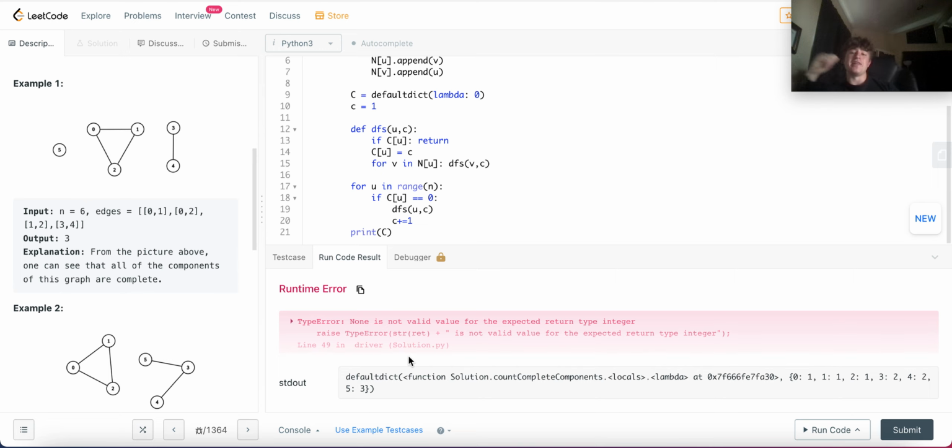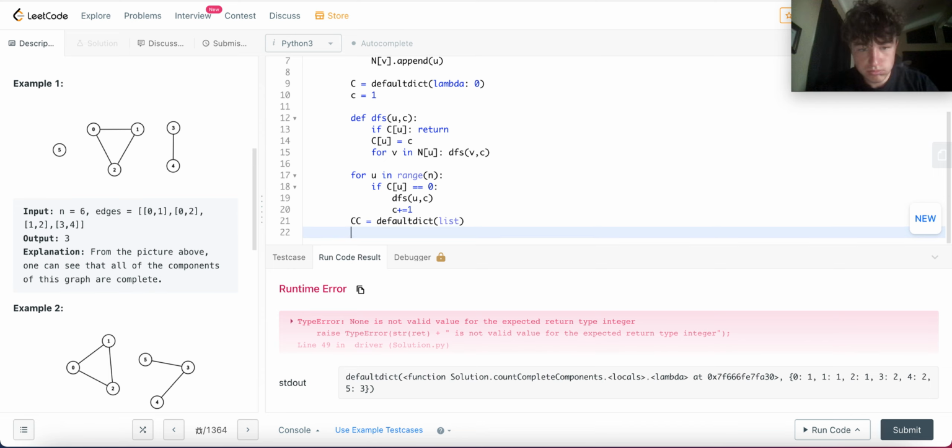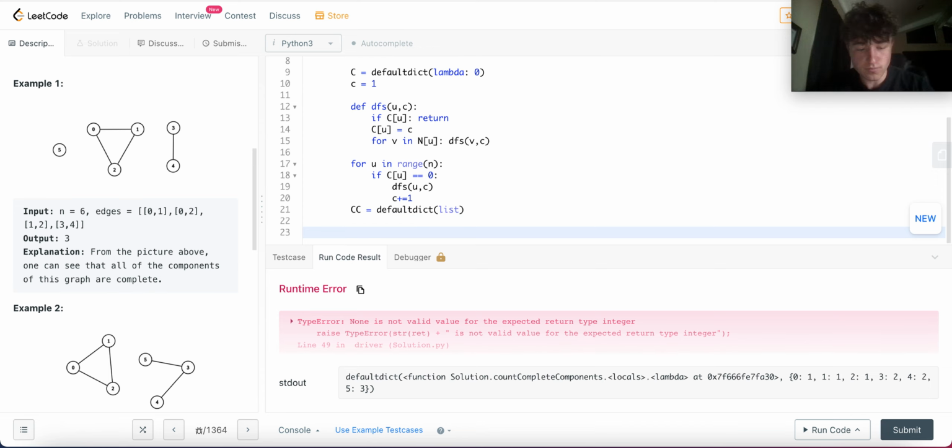So how would we then group these connected components together? Well, what we could do is we could just say, we'll put all the elements with the same color in the same group, right? So we'll have connected components equals default dict list. And then we'll look at each element in range n, and we'll add it to its connected component.